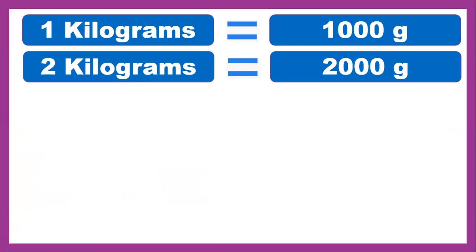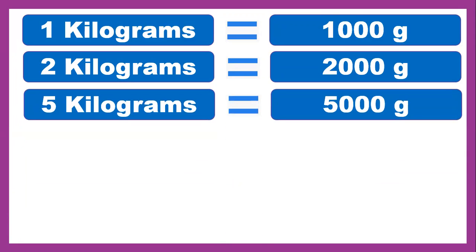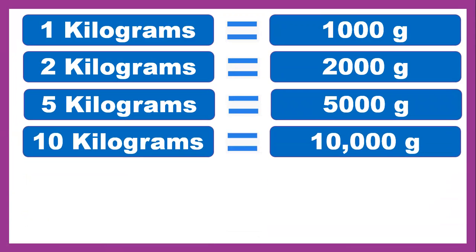How many grams in 2 kilos? 2000. 5 kilograms is equal to 5000 grams. Now check 10 kilograms, 10,000 grams. You must add 3 zeros when you are writing grams.